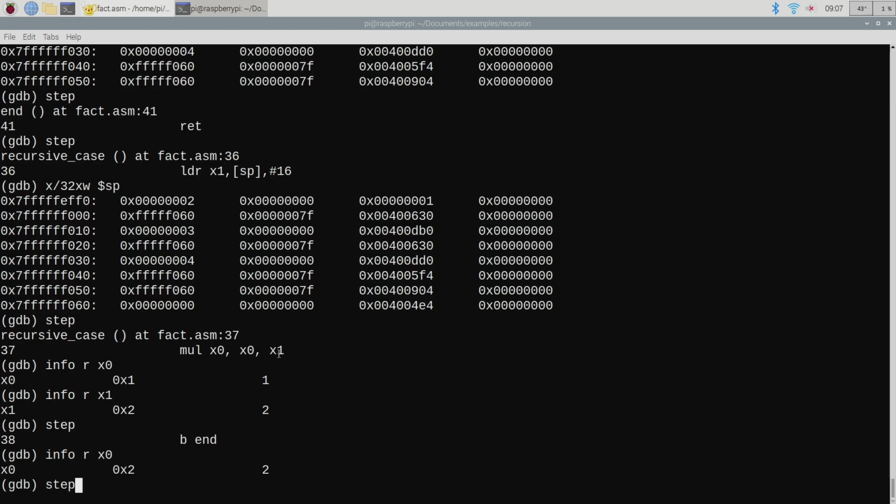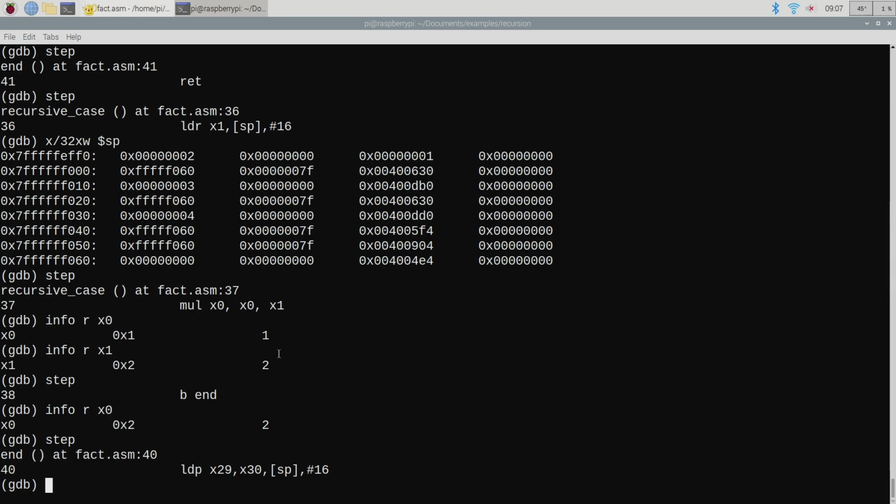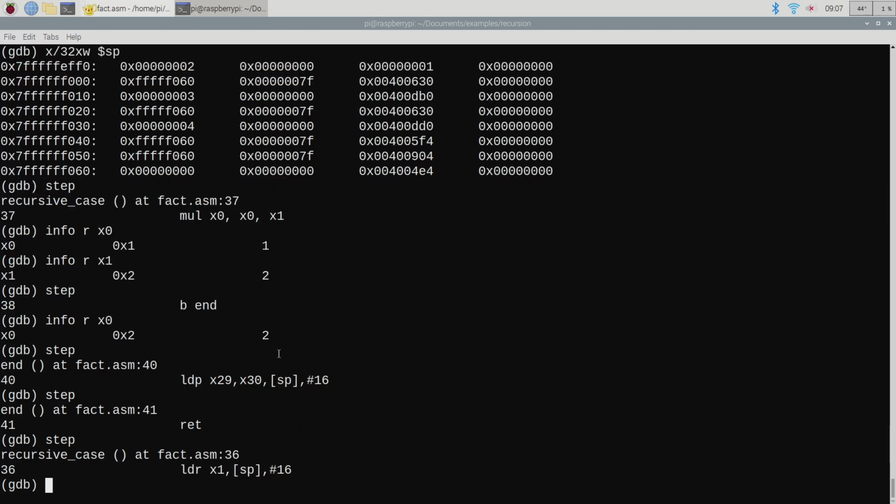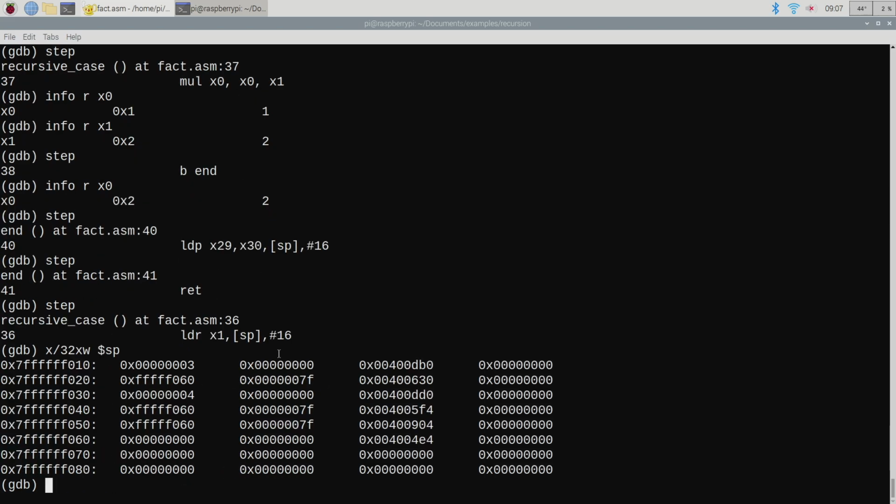Okay, branch to end, pop off the thing, return, and now let's look at our stack. Now what's our stack? Yeah, 3 is on top or bottom, depending on how you want to look at it, right?